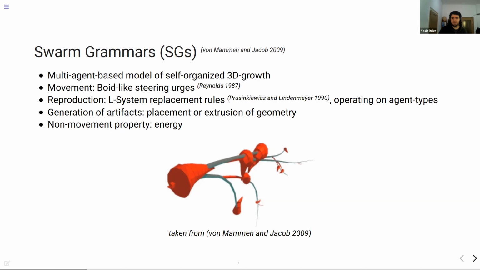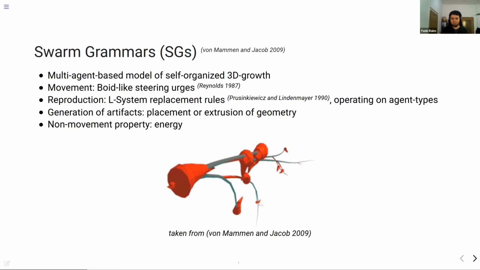Secondly, the swarm grammar model employs reproduction through replacement rules, a parallel rewrite grammar. For example, agents of the sapling type or species might be replaced stochastically by trees or by tree-generating agents.